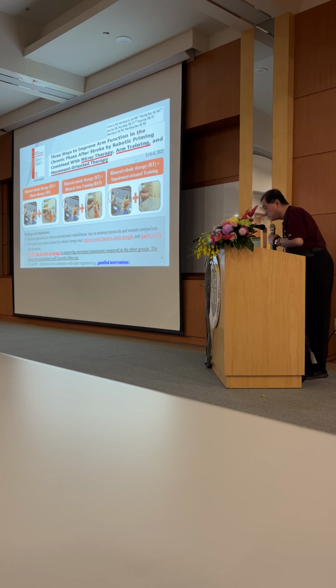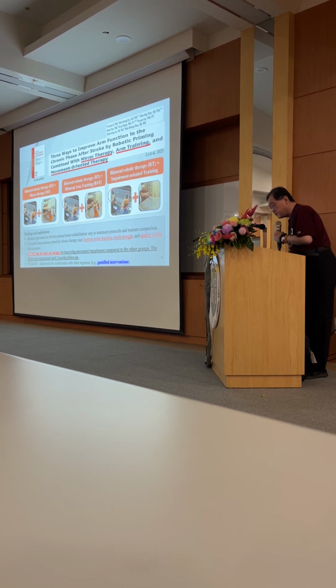The control group involved the use of bilateral robotic therapy and training for movement impairments. The result indicates that robotic therapy plus mirror therapy has the most advantageous effect in improving motor impairments as compared to the other groups. The treatment effects were retained at 3-month follow-up.